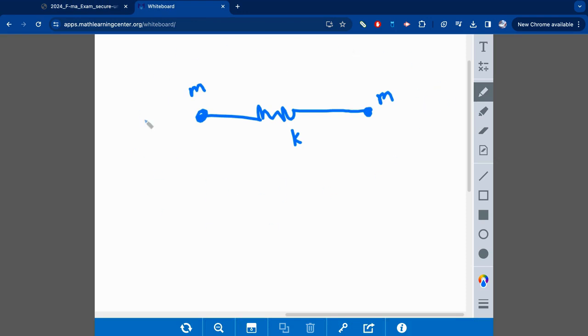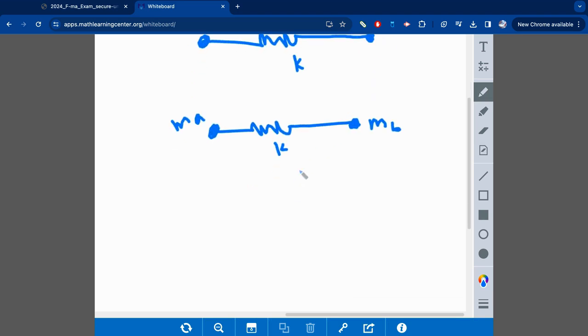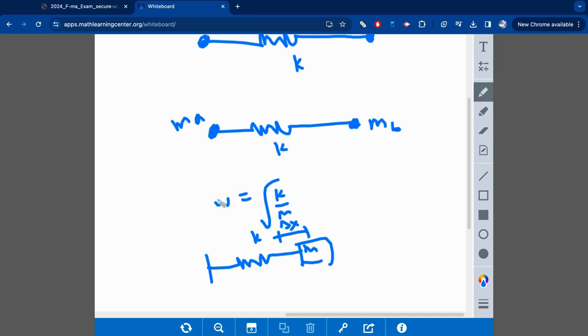The way we can deal with this is through something called a reduced mass. Whenever you have this arrangement, and you can derive this yourself, if it's MA, this is MB, and this is K, then for the reduced mass, recall that if you have the system and you push it a small distance x, the angular frequency of oscillation is just root k over m.